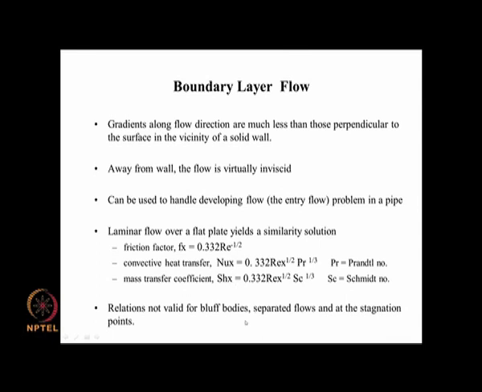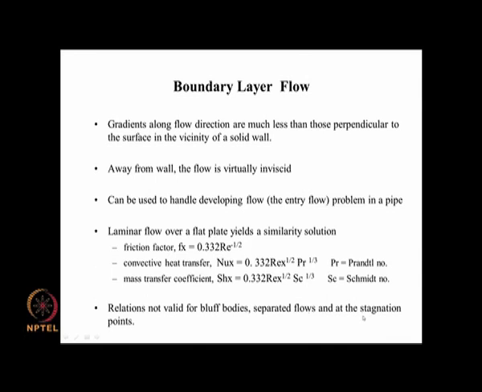But these relations are not valid for bluff bodies. So that means that in the sense where you do not have a thin boundary layer and you have strong pressure gradients and non-slender bodies where the L by D ratio is small, it is not very large.